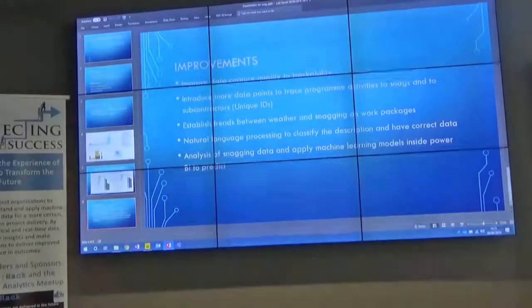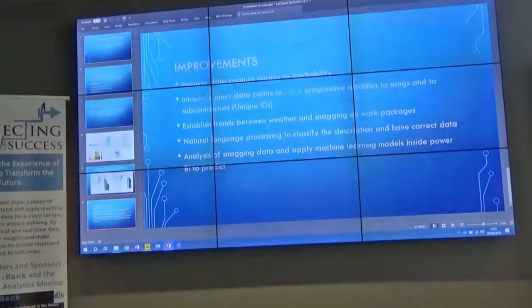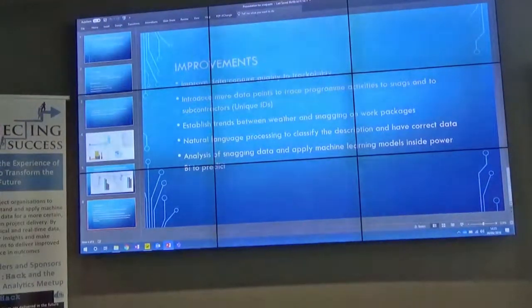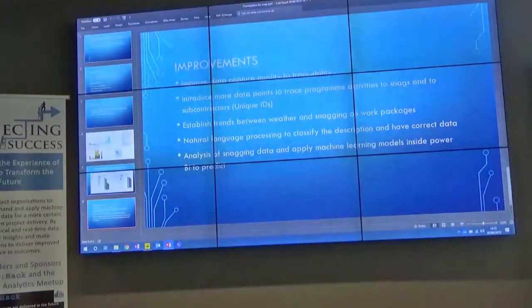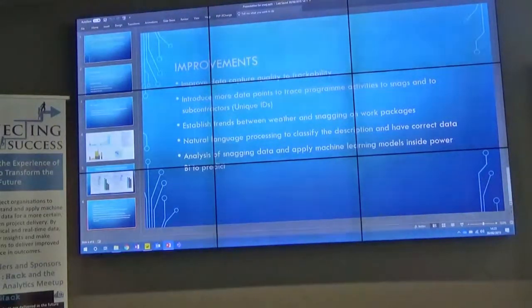Any questions? In terms of the impact on the program, were there particular activities that you came across that were causing most variation? We decided to look at one of the key packages, which was concrete, and work on it and try to do some linkages with some of the trades which we thought might be responsible for causing delay.